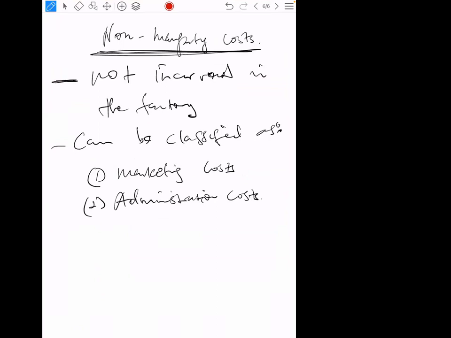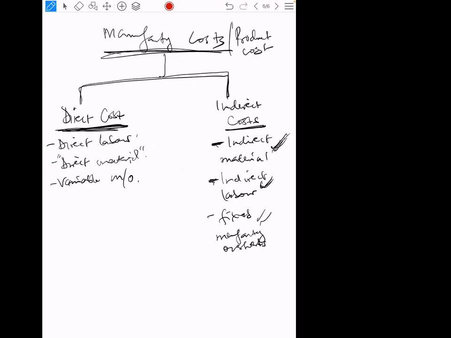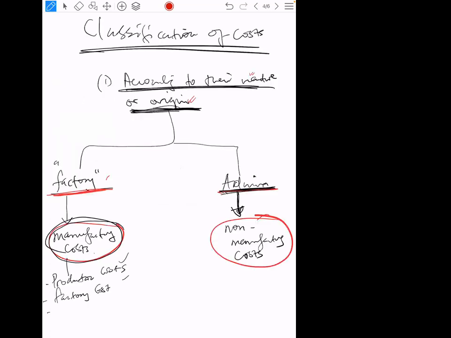Any cost incurred within that building is a non-manufacturing cost, etc. So I'm done with the first classification. I've explained that cost can be classified as either manufacturing or non-manufacturing, and under each, you must know what is entailed.